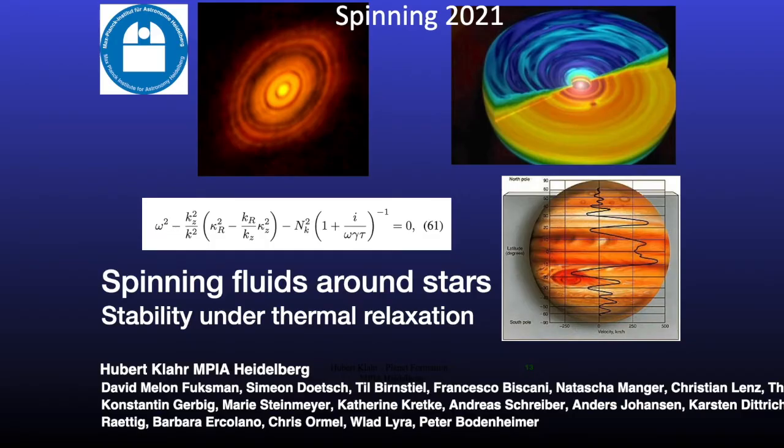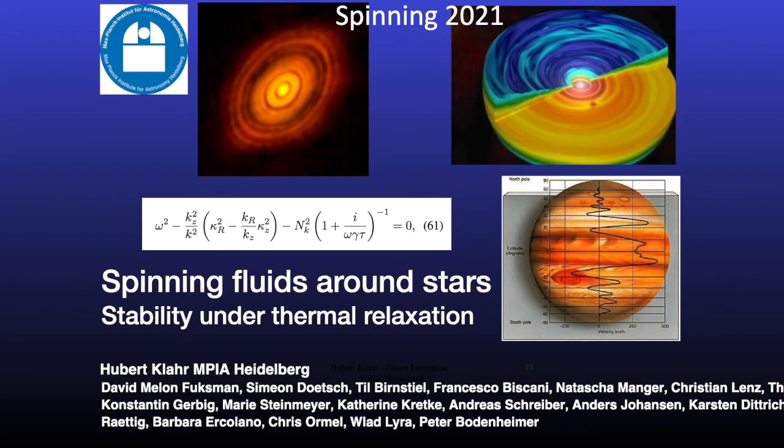This is now a dispersion relation, which is not only for convective overstability, but simultaneously for vertical shear instability, for a given thermal relaxation time, tau. The control parameter here is this N_k squared, the Brunt-Väisälä frequency, giving you the strength of buoyancy. In the front term, you have the radial epicyclic frequency, which gives you stability, and you have the vertical epicyclic frequency, which is an expression for the vertical shear of the system. Now you see that you have the wave numbers in it, vertical and radial.